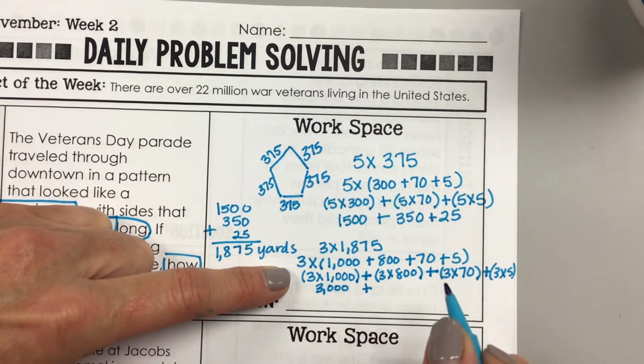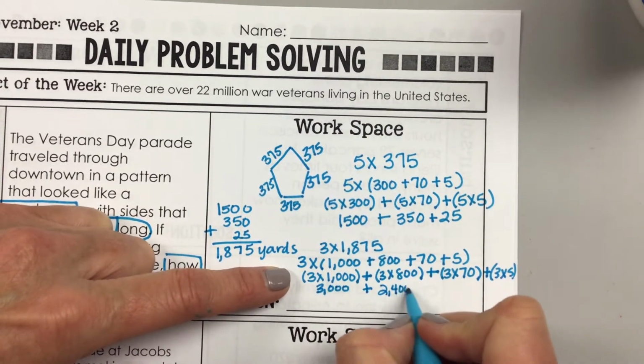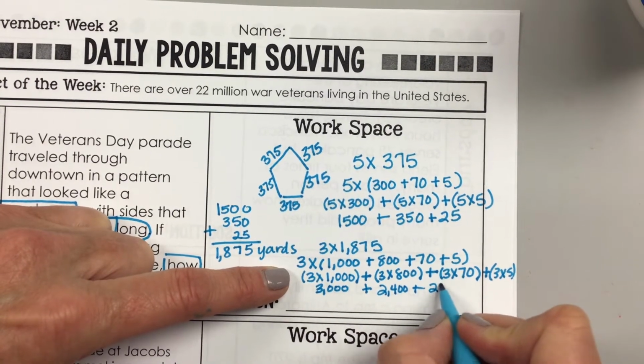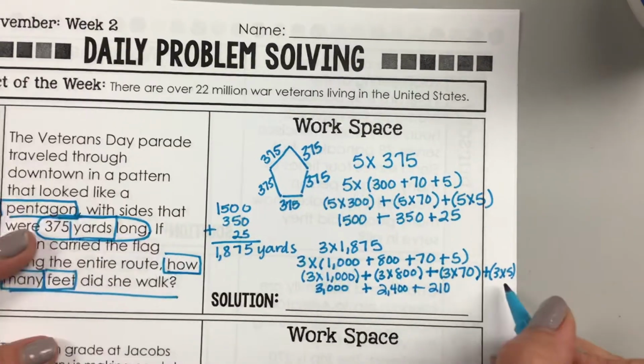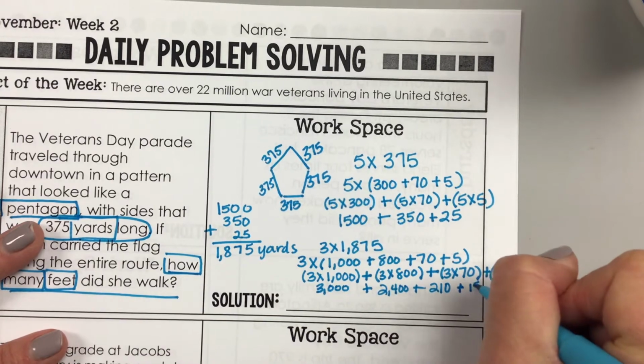So what is 3 times 1,000? What's 3 times 800? 2,400. What's 3 times 70? 3 times 7 is 21 and add your 0. And then what is 3 times 5? 15.